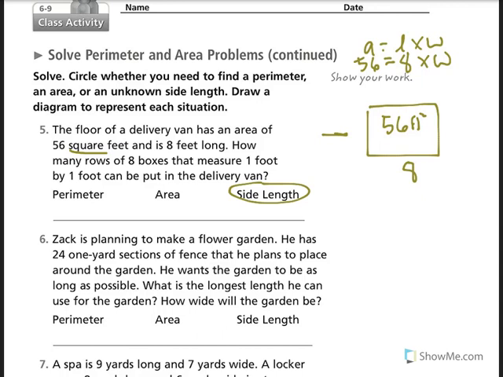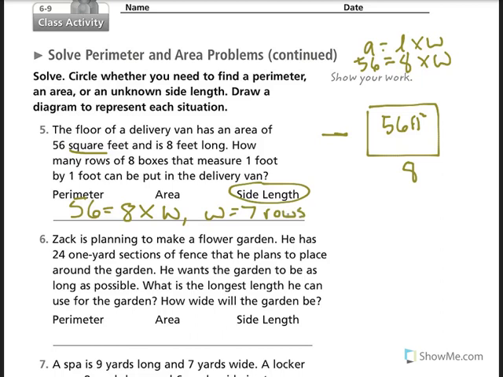Now, I know 8 times 8 is 64, right? If I do one less than that, I'll get 8 times 7, which is 56. So, 56 equals 8 times W. W equals 7 rows.